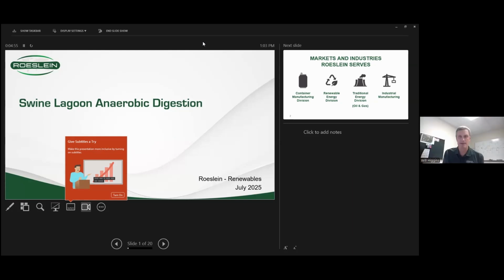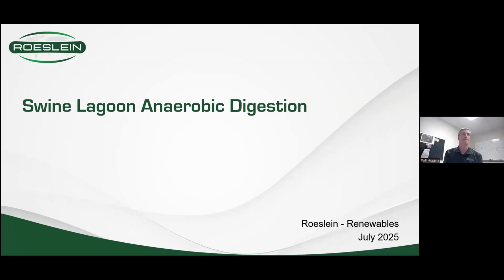Hold on. Share the other screen and it'll work out perfect. Does it ask me to share which screen? It does if you have multiple monitors. If you don't have multiple monitors, then you're fine. We were just seeing presenter view instead of the presentation view. Okay, here we go. Is that better? Perfect. All right.